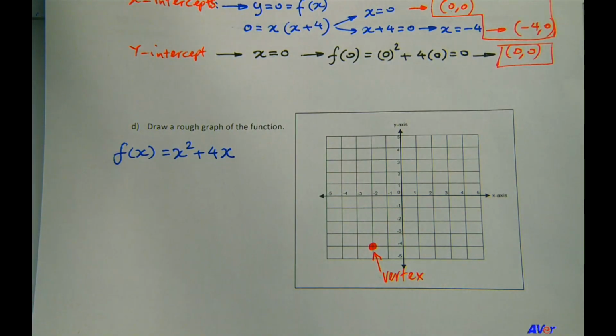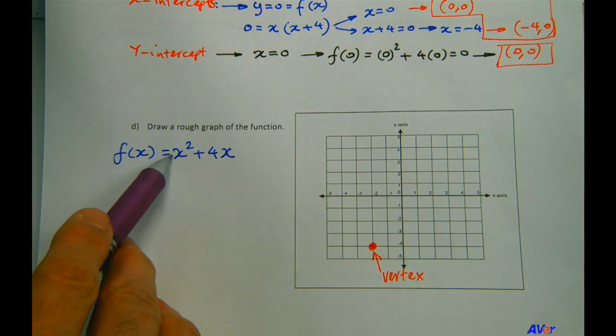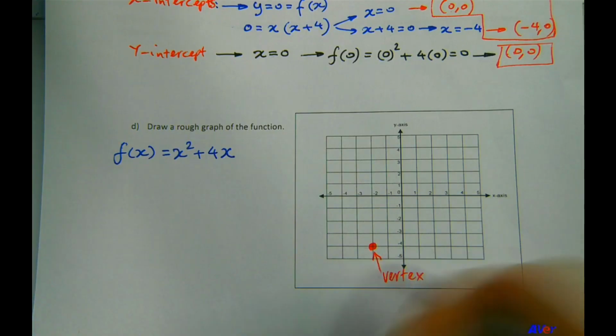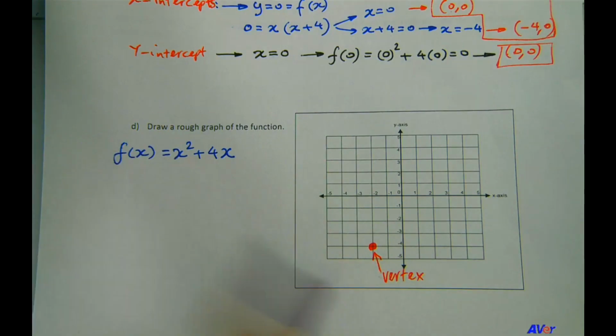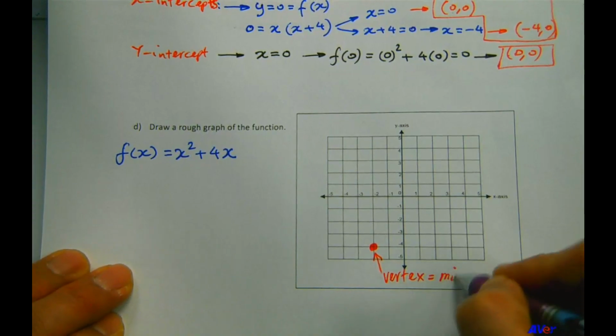You should be able to predict it. If the coefficient of the quadratic term is negative, it would be a maximum point because the curve would be upside down. But when it's positive, it has to be a minimum point. So before even drawing the graph, we know that the vertex is a minimum.